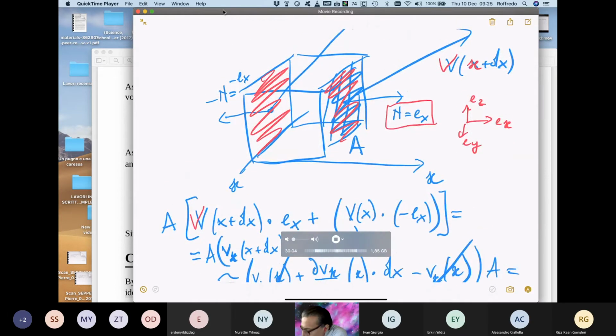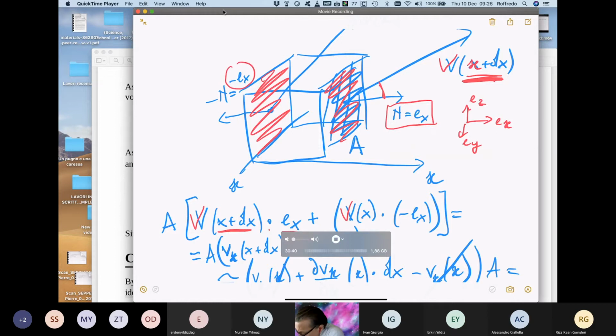So what you have, this flux is, as this volume is very small, the area of the face times W calculated in X plus dx here, dot EX, so that you need to know this angle there, plus W of X dot minus EX, because the other pointing normal is on the other side.